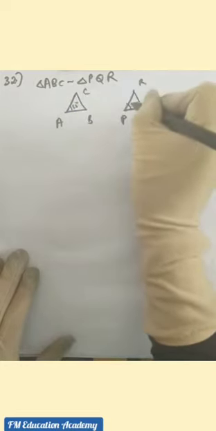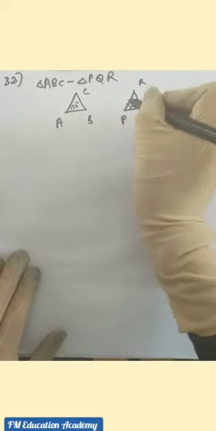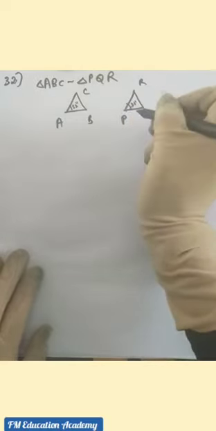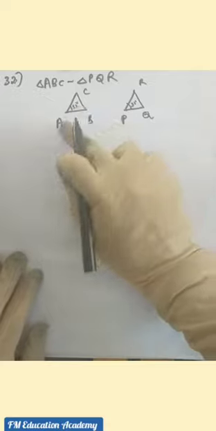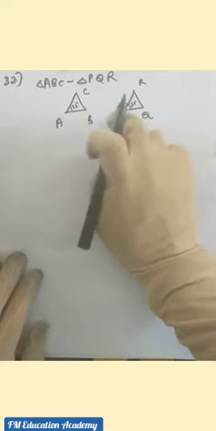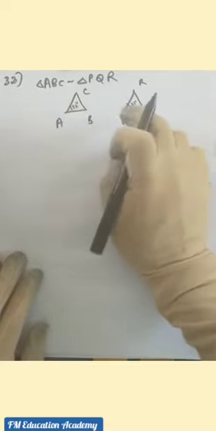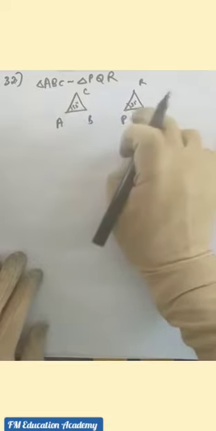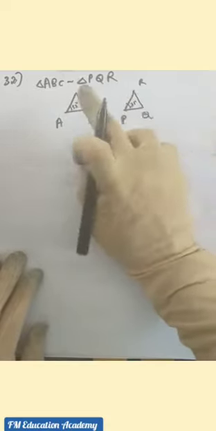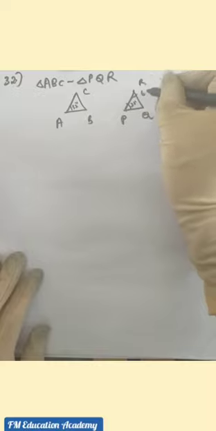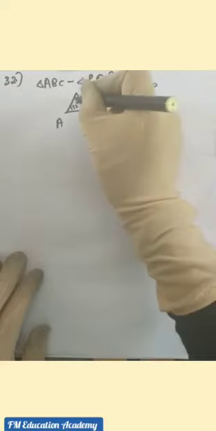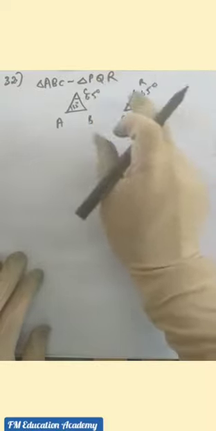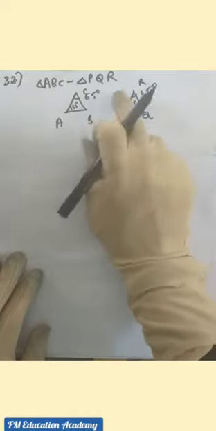Angle P is not given, but we know that whenever triangles are similar, their angles also are equal. So angle A will be equal to angle P. If this is 32 degree, angle P will also be 32 degree. Similarly, angle R is given in the question as 65 degree. If angle R is 65 degree, angle C will also be 65 degree. Why? Because they are similar triangles.